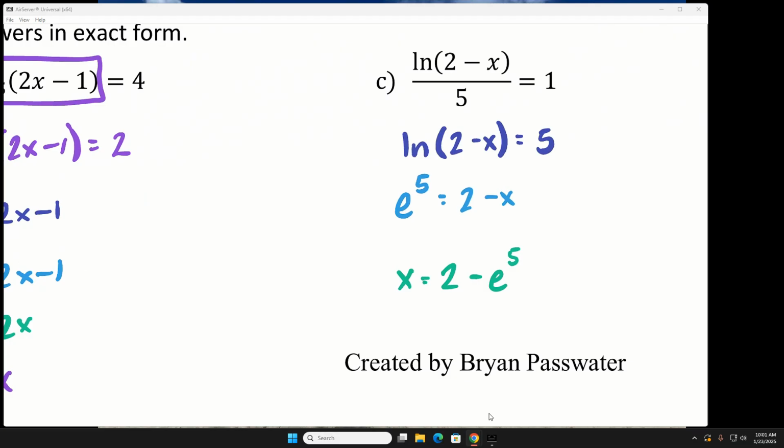You could also have written this, just depending on the order you did the solving, as negative e to the 5th plus 2. Those are the same answers.